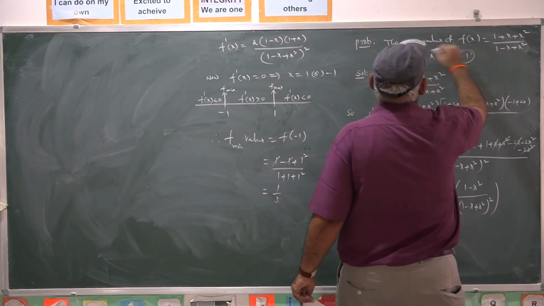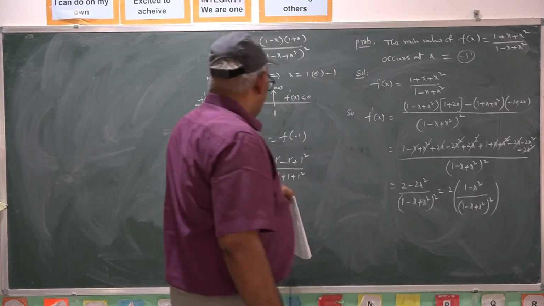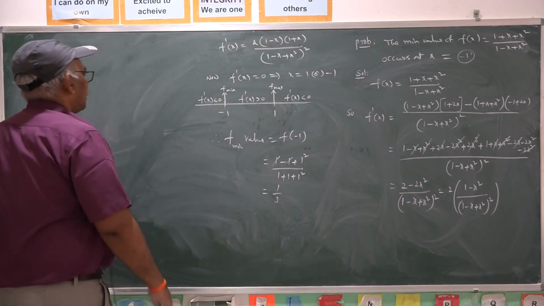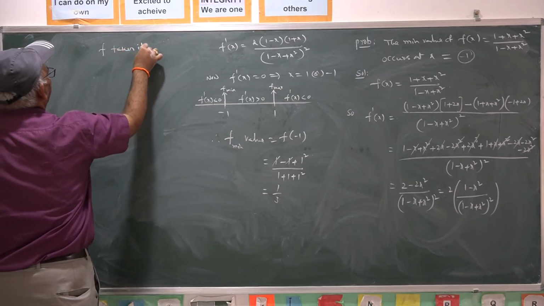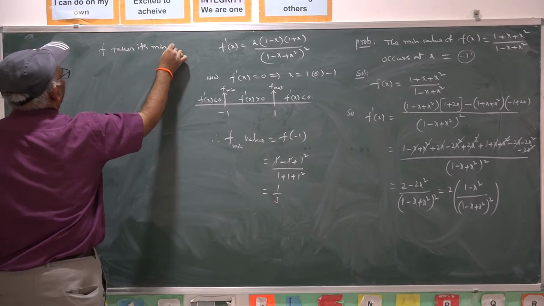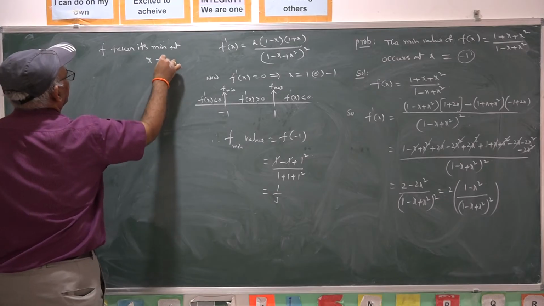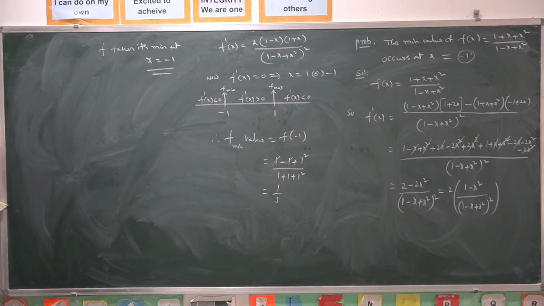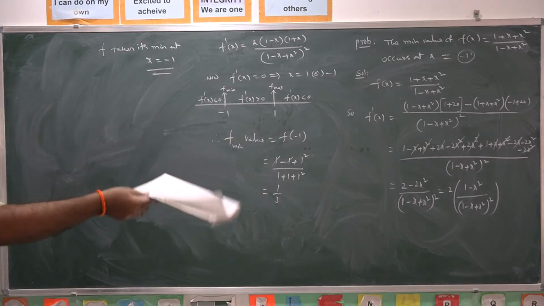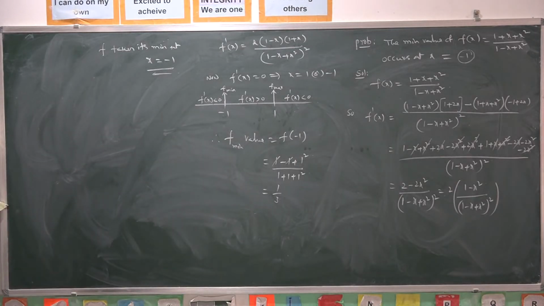The answer is minus 1. The minimum value is also 1 by 3. So f takes its minimum at x equal to minus 1. That's all. So you can apply the first derivative or second derivative test to such problems.